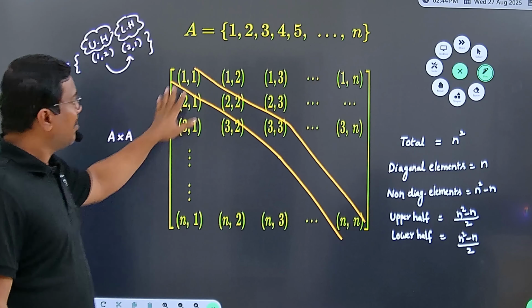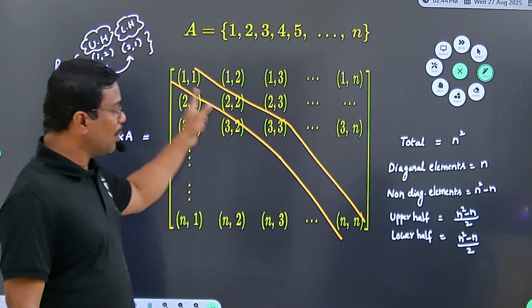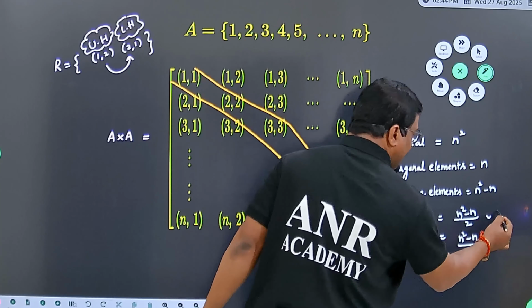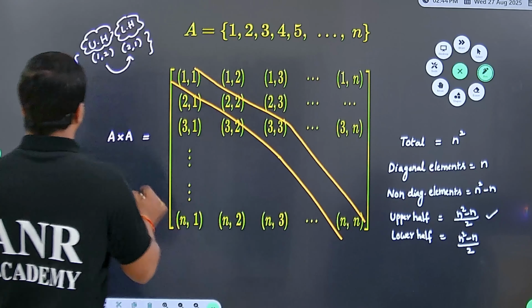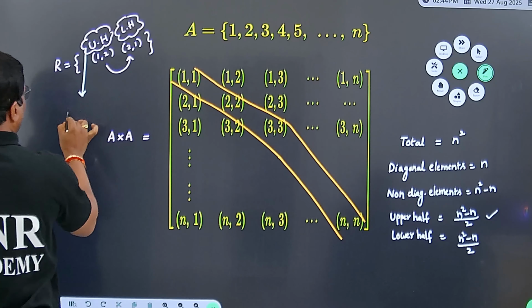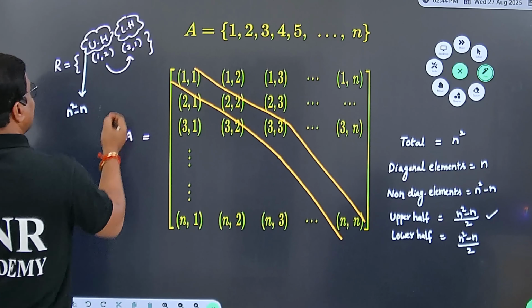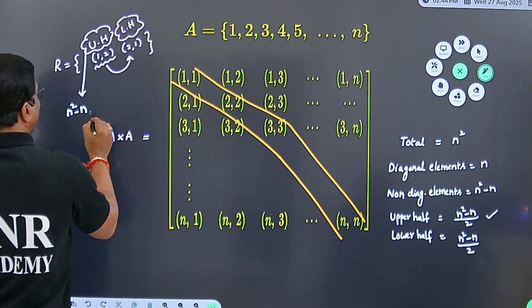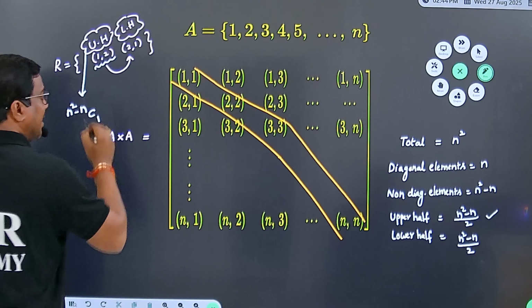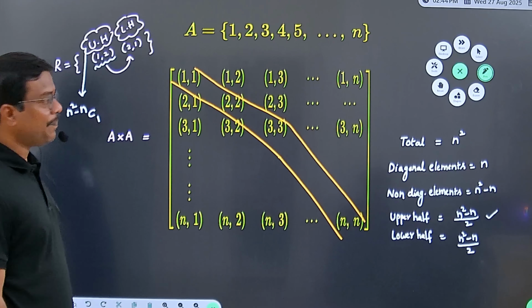From the upper half there are (n square minus n)/2 entries, from which the selection of one pair is possible in (n square minus n)/2 C1 ways.